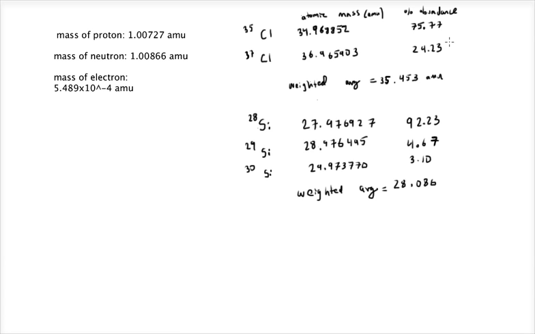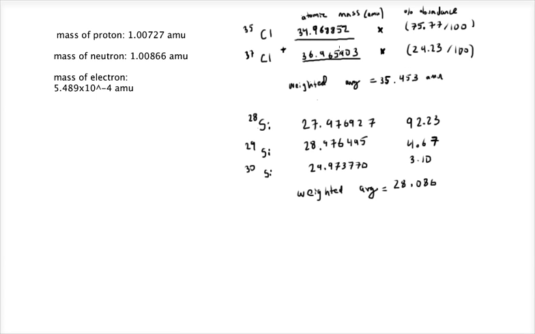So just to review the math really quick. For chlorine, you would just be getting this number here, multiplying it by this number here divided by 100, so we're going to make it into a fraction, plus this number times this number divided by 100.